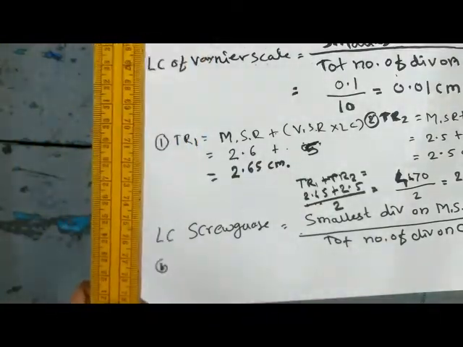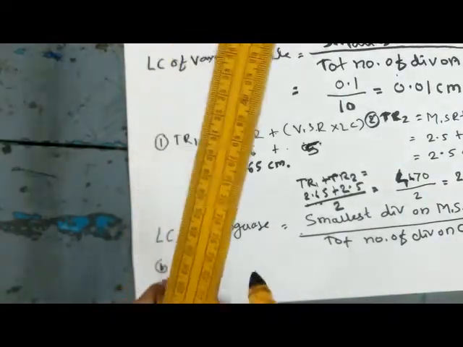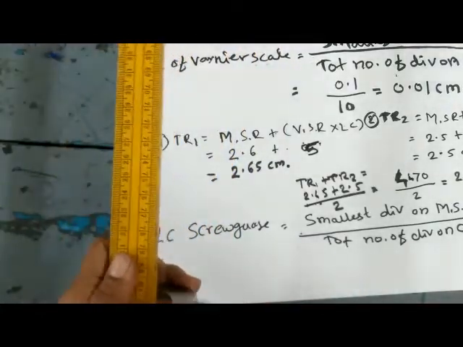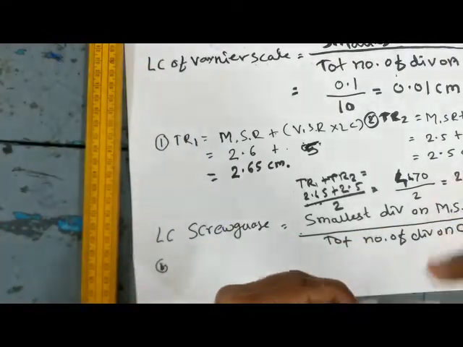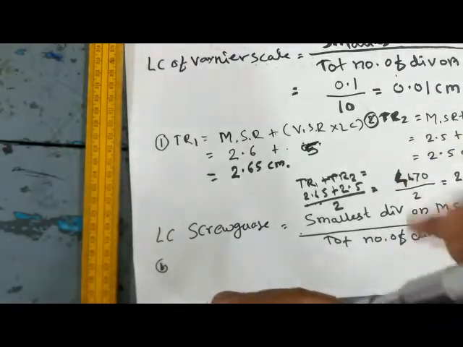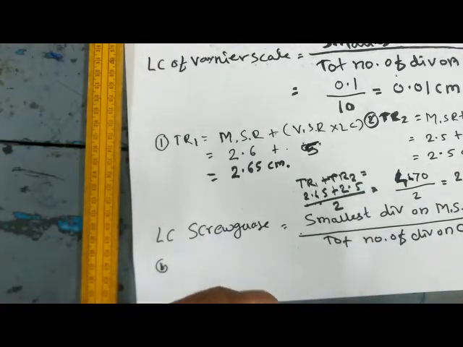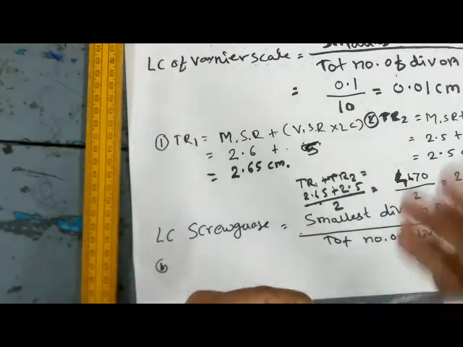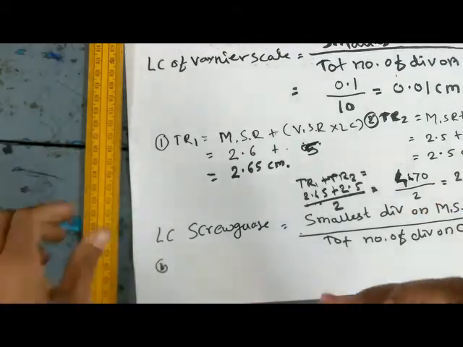So I have told you about the first reading. This instrument is used for the thickness of any things. So firstly we will tell you how thickness is measured in this screw gauge using this scale. I will tell you how we measure the least count and the reading of that particular instrument.